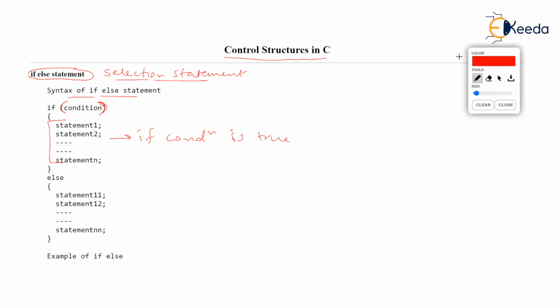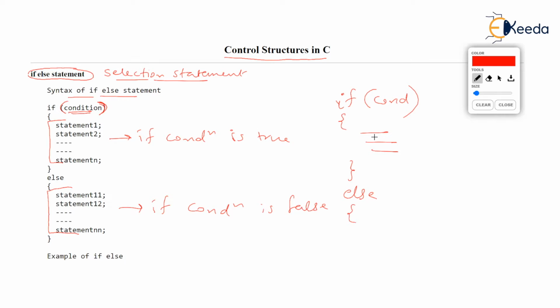So if the condition written in the if is true, then these set of statements will run. But the else portion written over here, the set of statements written in the else will run if the condition is false. So the general grammar of if-else is: if some condition, then set of statements, else some set of statements.